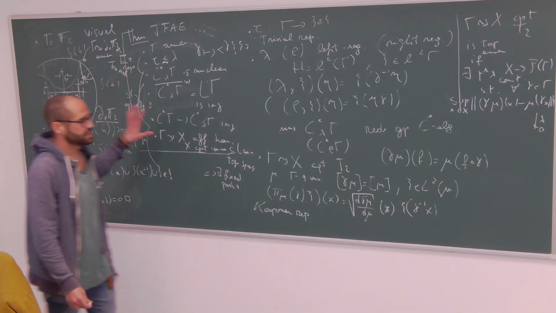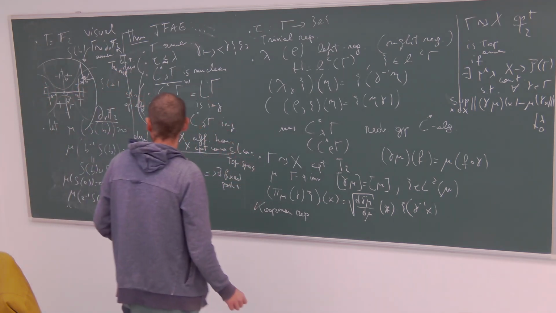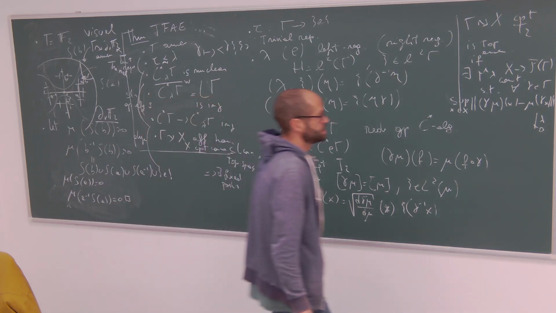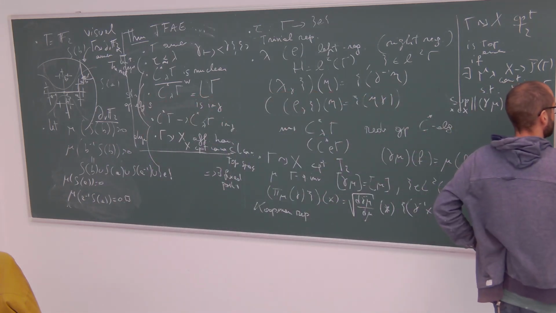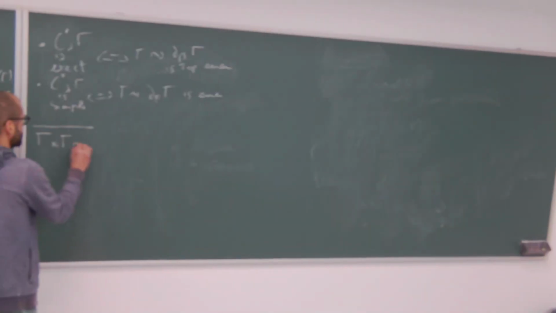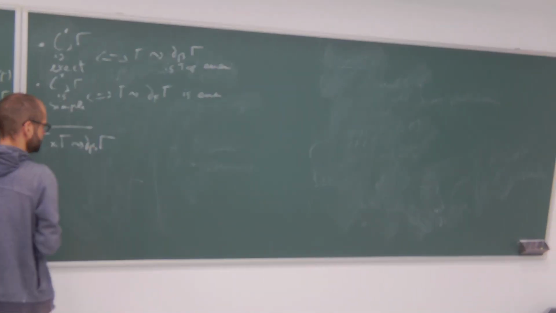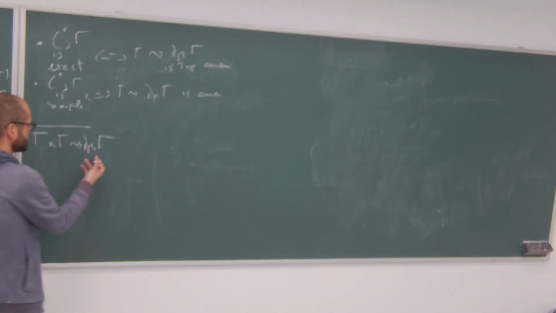So using this, Ozawa proved the following: if I take now the left times right action on the Stone-Čech boundary of the group, we have a factor map, a continuous map from this to two copies of the visual boundary, and here I consider only the left action, and this action is topologically amenable.